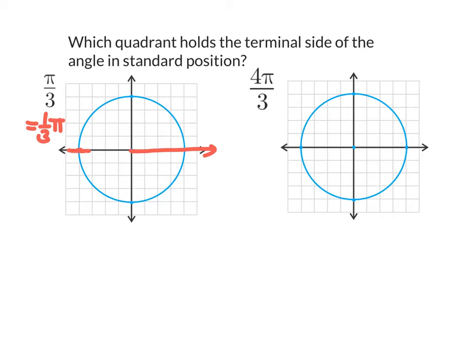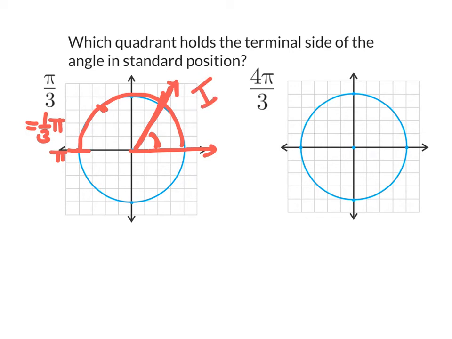So all the way over here is pi. And if I want to find out what 1/3 of pi is, I'm going to take this arc and divide it into thirds. So pi over 3 is going to be this angle. Since that terminal side is in the first quadrant, we say that this angle terminates in the first quadrant.